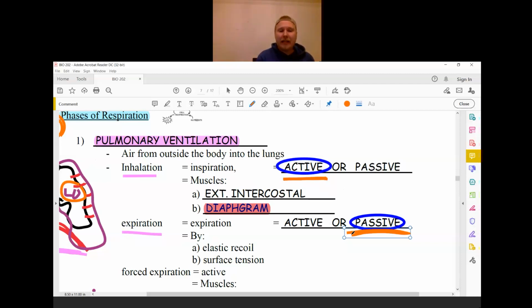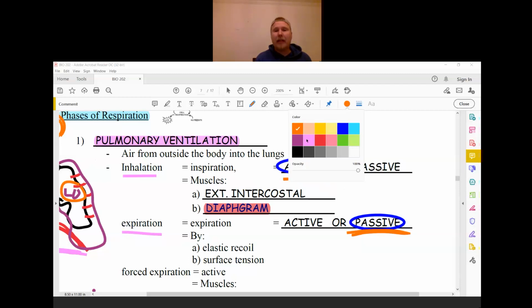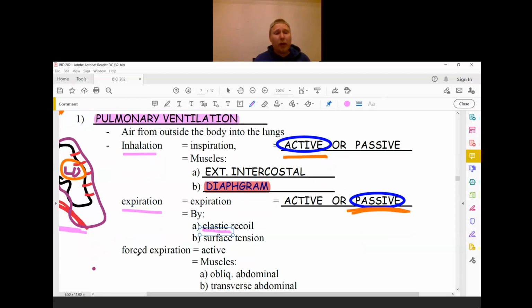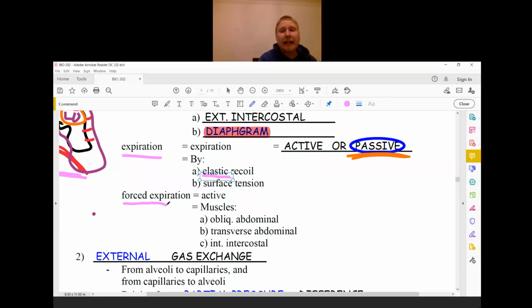That's because there is the elastic recoil of the chest cavity, especially our ribs, and the surface tension plays a role there as well. Of course, we can do forced expiration, which would be active.